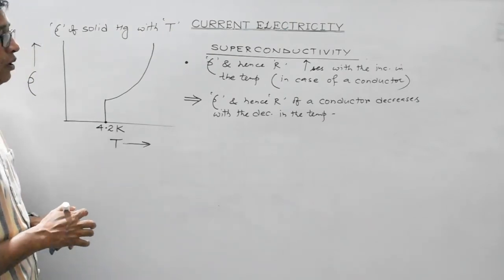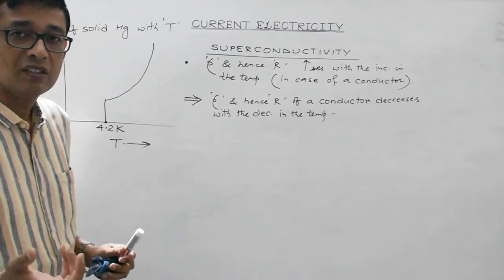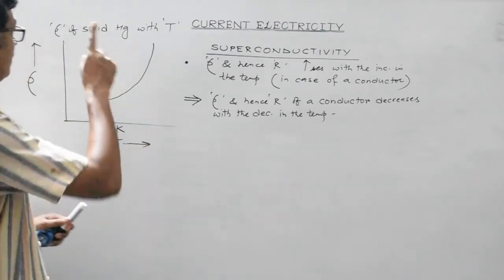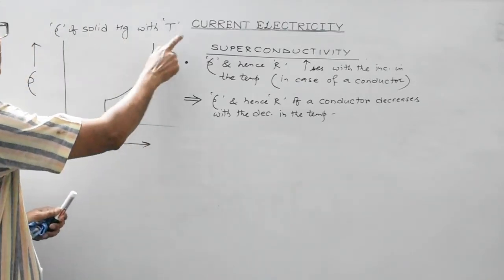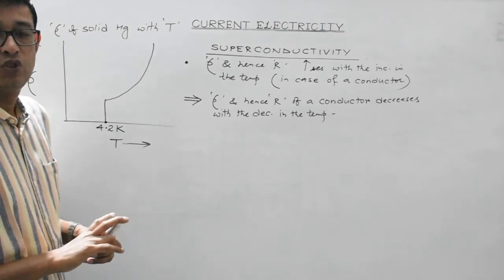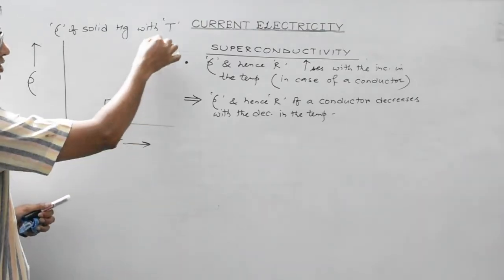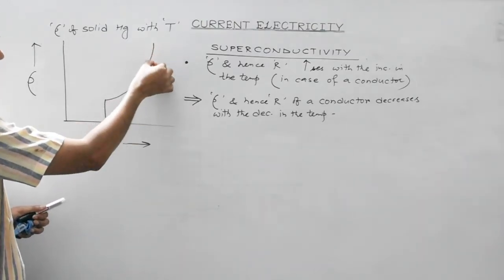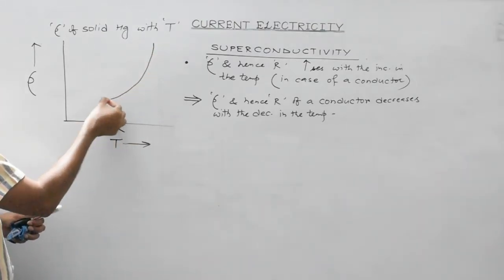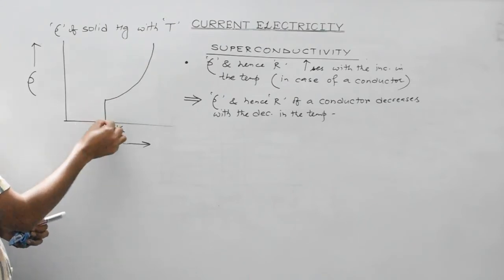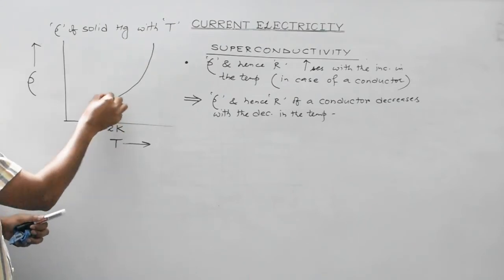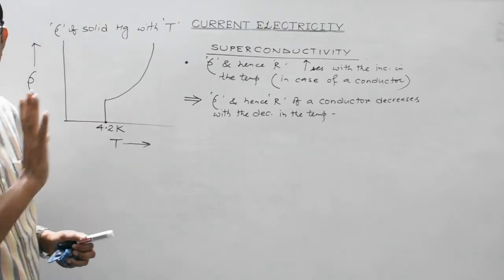So, what he studied was the variation of resistivity of solid mercury with temperature. Kamerlingh Onnes, while experimentally studying this, found that initially the resistivity of solid mercury decreases with the decrease in the temperature. But at a particular temperature of 4.2 Kelvin, the resistivity abruptly becomes 0.